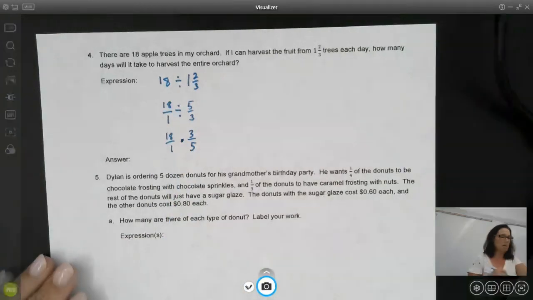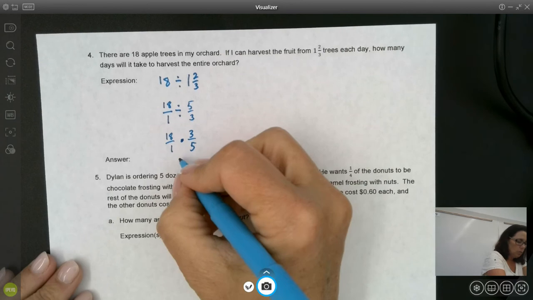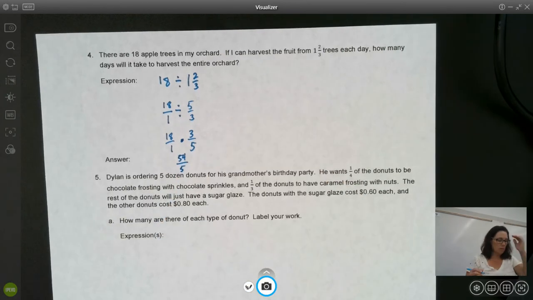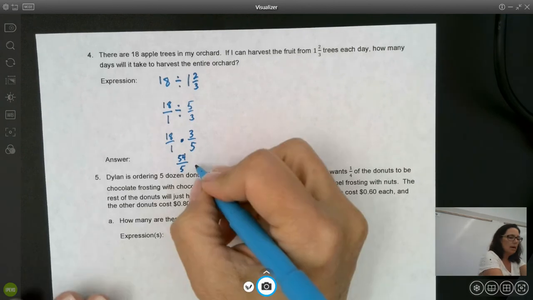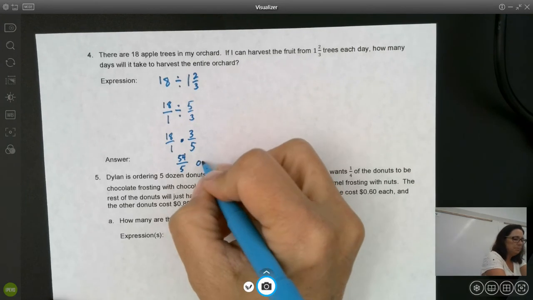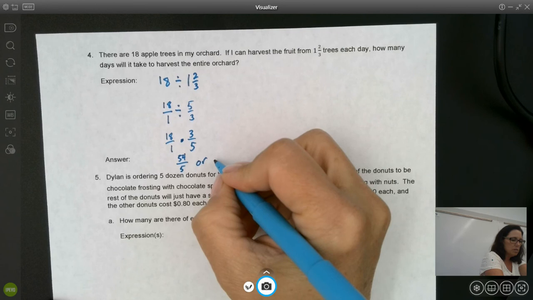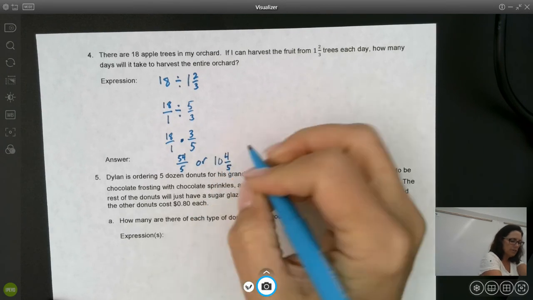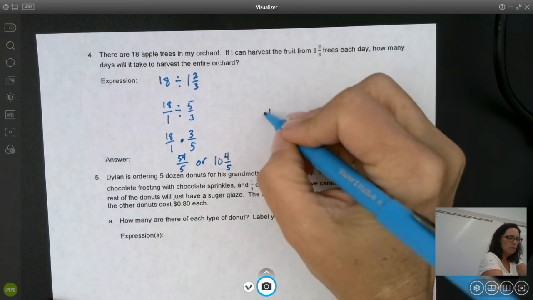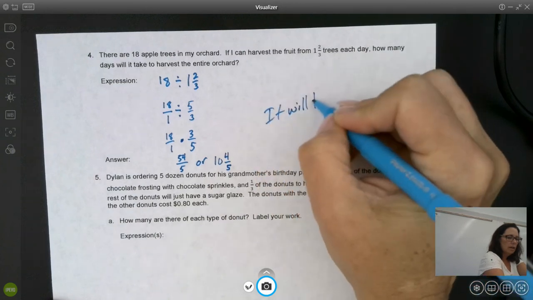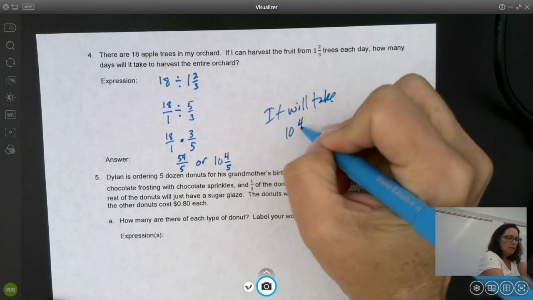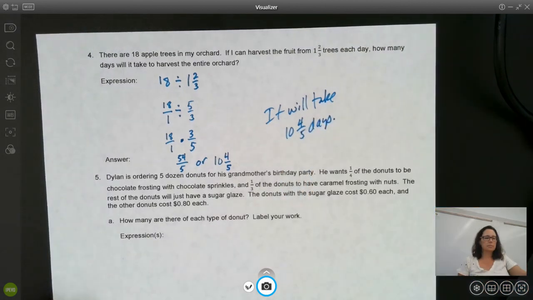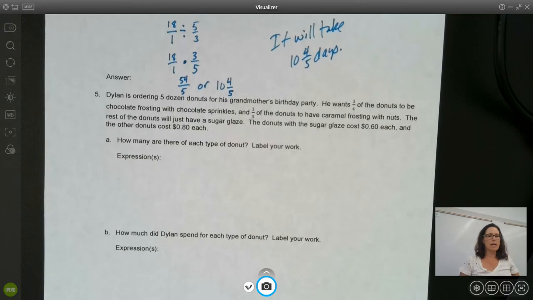So we're just going to have to do 18 times 3, which comes out to be 54, and 1 times 5, which comes out to be 5. 5 goes into 54 10 times with 4/5 left over. So it will take 10 and 4/5 days, almost 11 days.